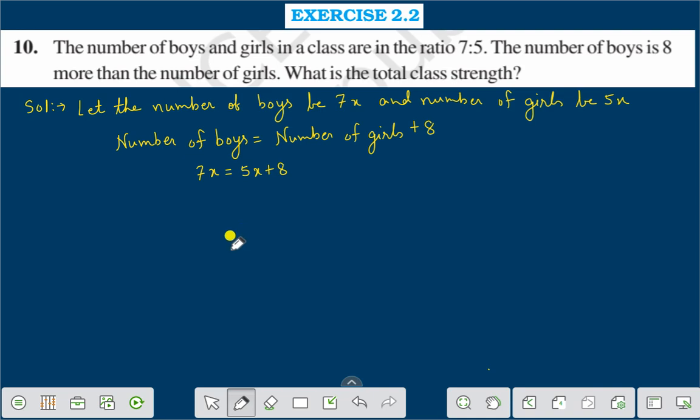Right? On transposing we get 7x minus 5x is equal to 8.